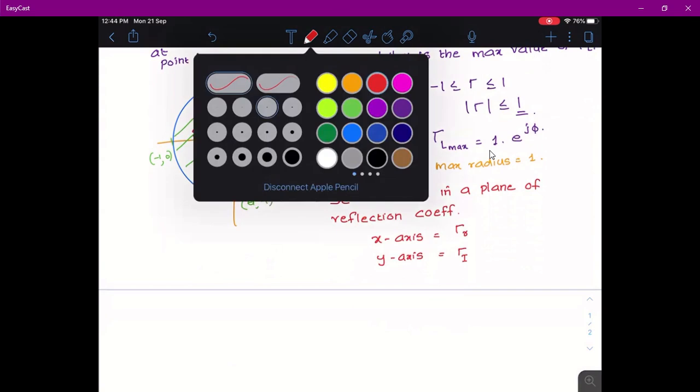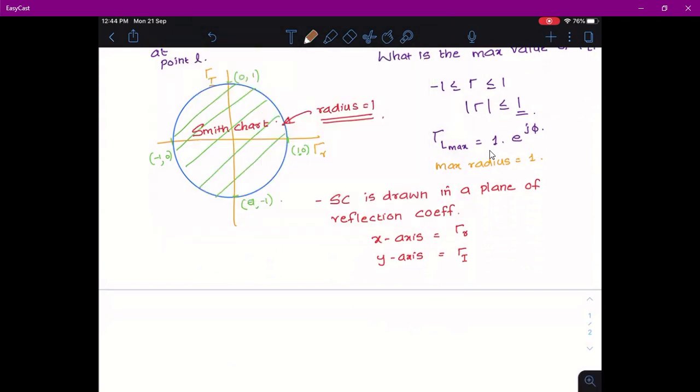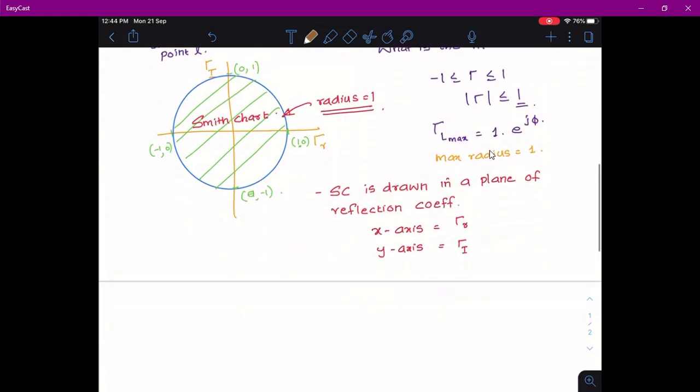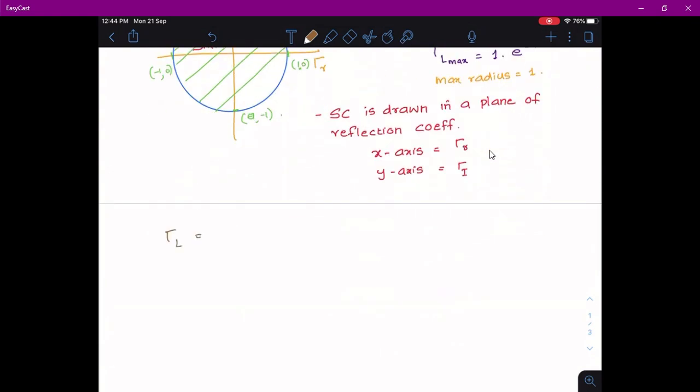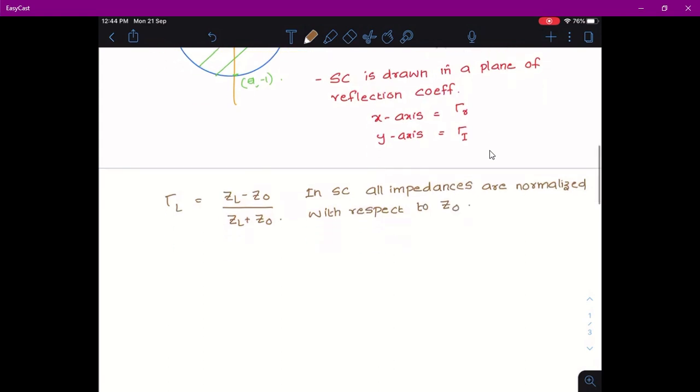And there is one more thing that we need to mention. When we wrote tau L, we wrote it as ZL minus Z0 by ZL plus Z0. In the Smith chart, all impedances are normalized with respect to the characteristic impedance Z0. So what do I mean by this?